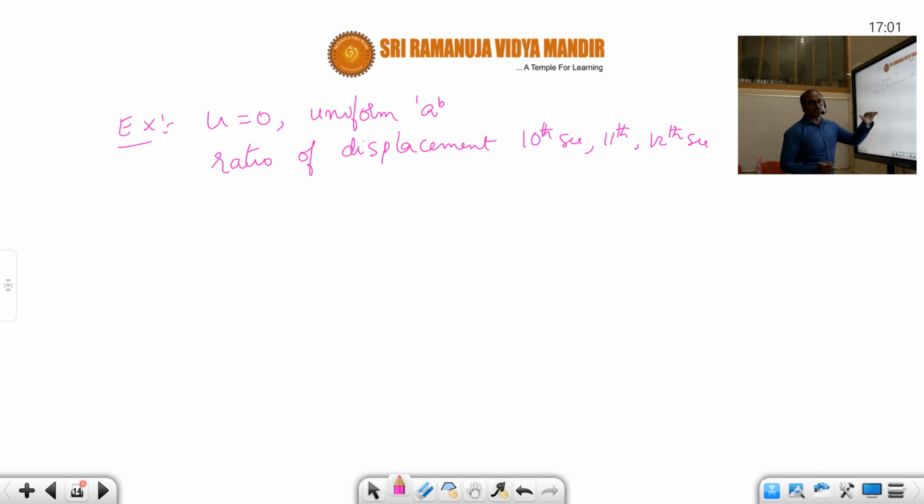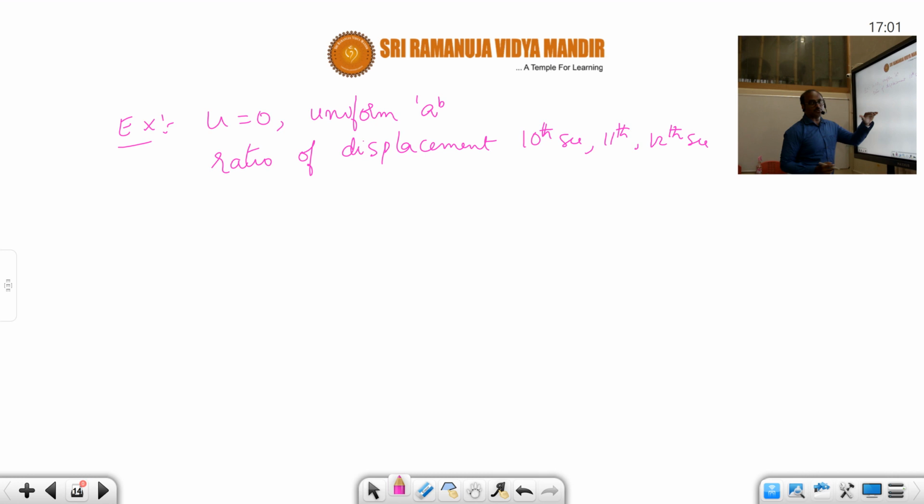Now coming back to the problem: 10th second, 11th second and 12th second, and our general formula is 2n minus 1. We are finding the ratio. First n equals 10, so 2 into 10 is 20, 20 minus 1 is 19.